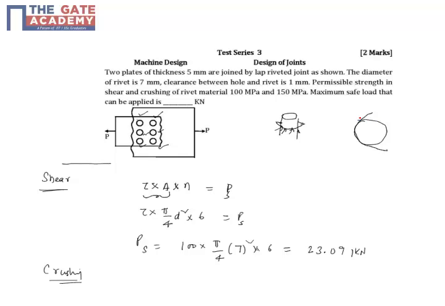When you are applying a load like this, the entire rivet will not be in contact with the plate. Looking at it laterally, only the left half of the hole will be in contact. So this is like a uniform pressure, and crushing is a failure by this local compressive stress.